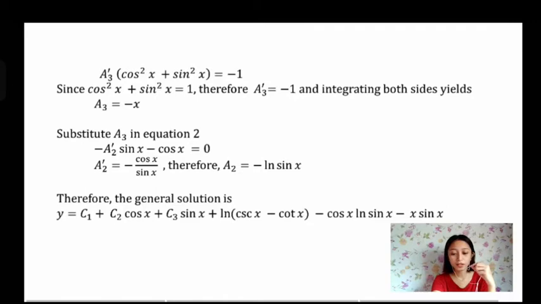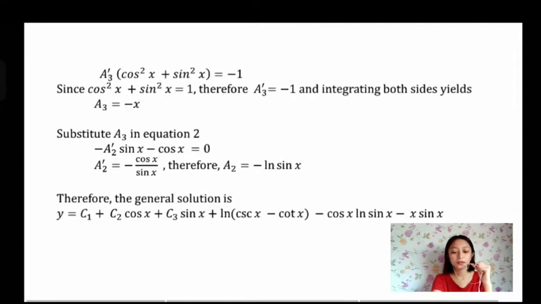Negative a sub 2 prime sine x plus negative cosine x equals 0. Therefore, a sub 2 prime equals negative cosine x over sine x. Therefore, a sub 2 equals negative ln sine x.